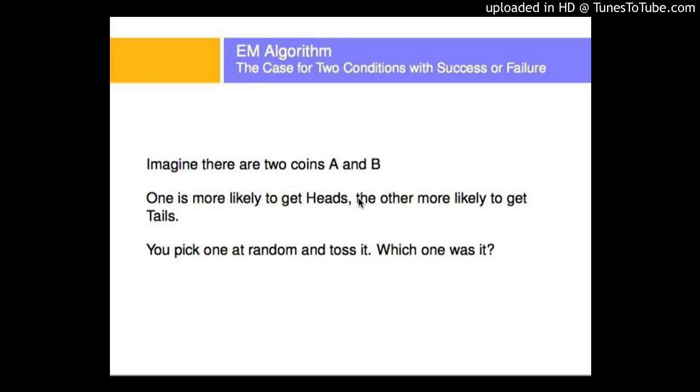So we take the first round with 5/10 heads and 5/10 tails. We'll compute the likelihood of coming from coin A using this formula, okay? And H now stands for heads. And that gives us 0.00079, okay.